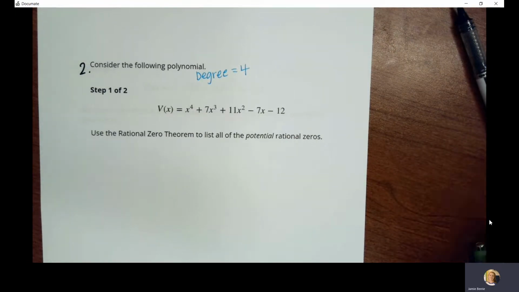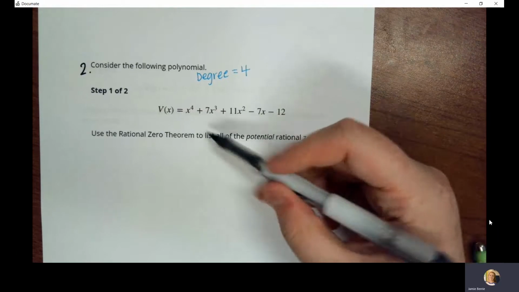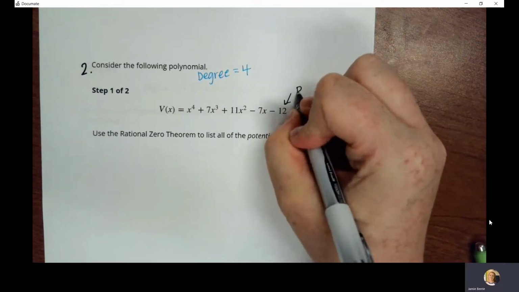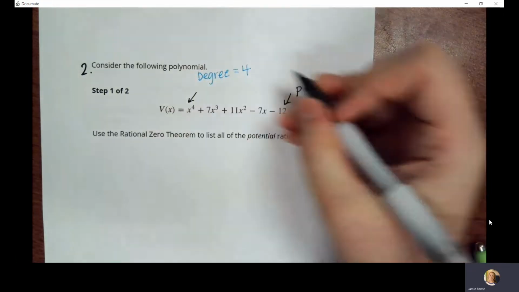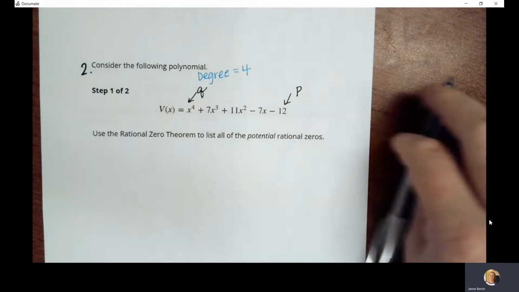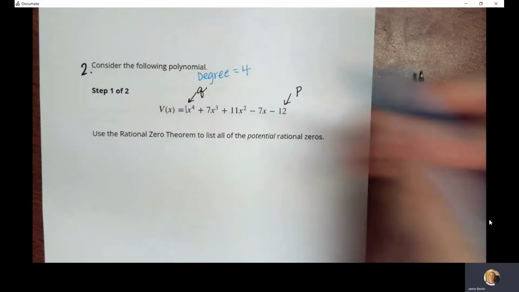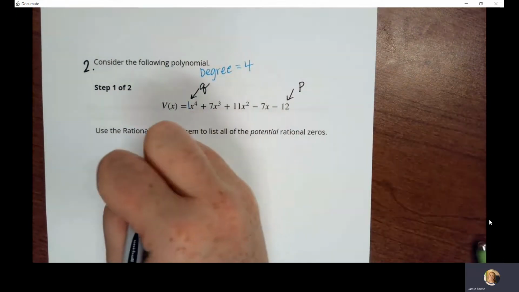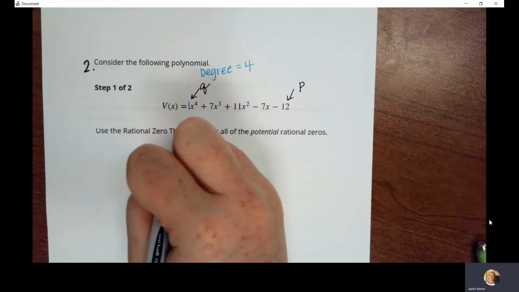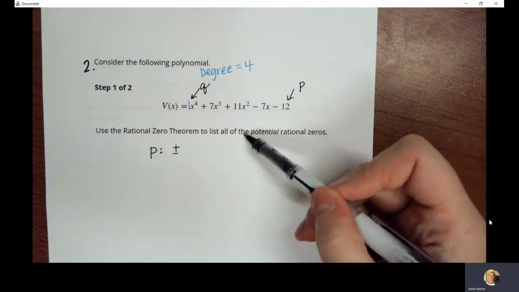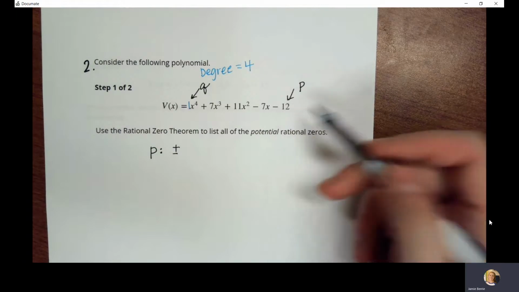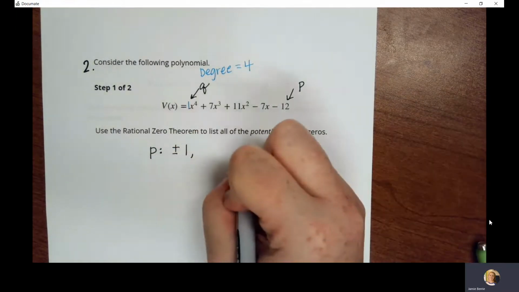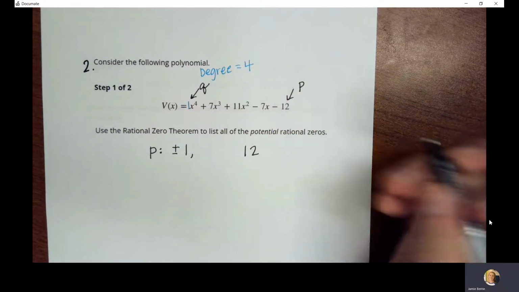All right, so let's start using the rational zero theorem. All right, we know that P is the factors of the constant term. Q is factors of the leading coefficient, which we know is 1. All right, so what are some things that multiply to negative 12? So do the plus or minus in the front. Or let's just think about 12. What's some things that multiply to 12? 1 and 12, right? 4 and 3, 2 and 6.